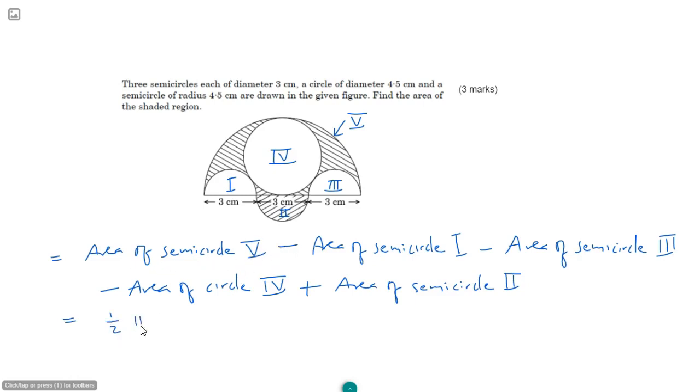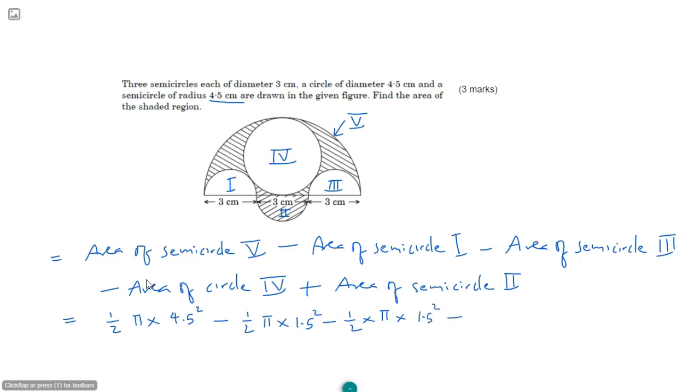So it's going to be half pi into r, in this case 4.5, minus, for 1 and 3 they have equal areas. So that's going to be half into pi into r, which is half of 3, which is 1.5. Area of semicircle 3 will also be half into pi into 1.5 squared.